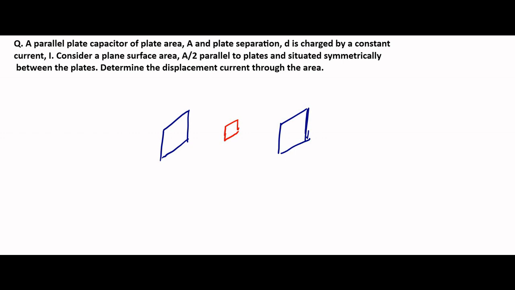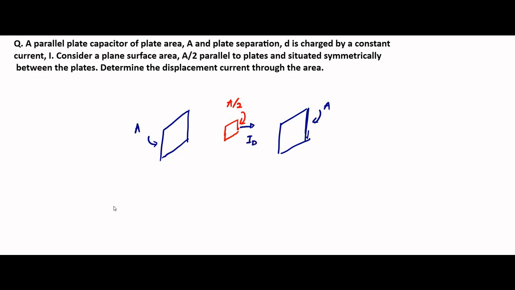Here the area is A by 2, and here the plate area is A. Now we have to find the displacement current through this area.